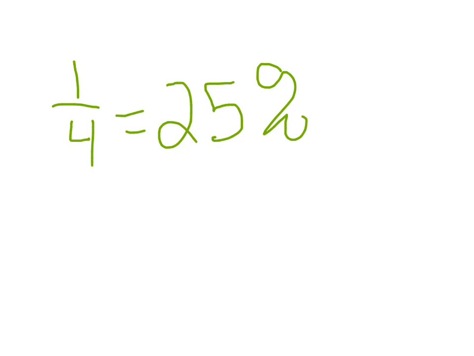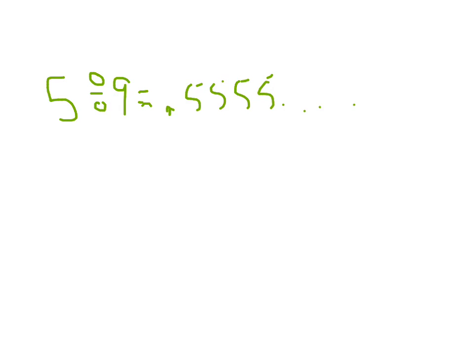Let's look at another one. We can take something like, let's go with 5/9, and we're going to turn it into some sort of percent. First thing we need to do is we need to take our 5 and divide it by 9. And if you do this on a calculator, do not erase the screen yet, but you're going to get something like 0.5555, and it's going to continue on.